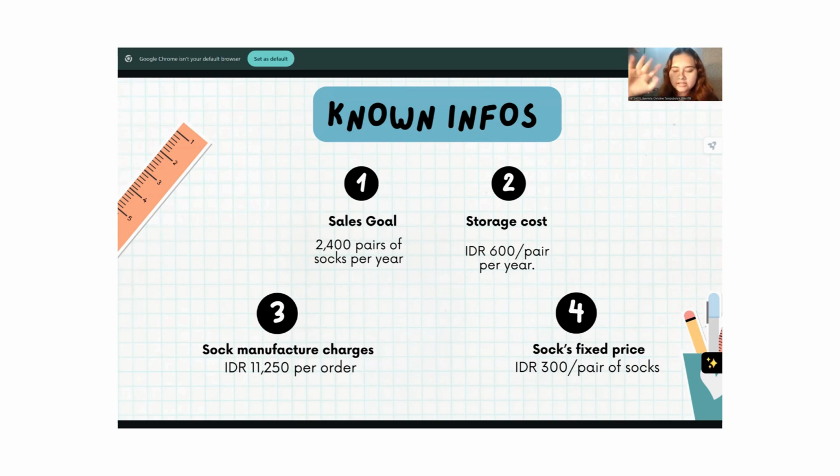First is the sales goal, which accumulates to 2,400 pairs of socks per year. Then the storage cost, which is 600 rupiah per pair every year. Then the manufacturer charges, which is 11,250 rupiah per order. And then the socks' fixed price, which is 300 rupiah per pair of socks.